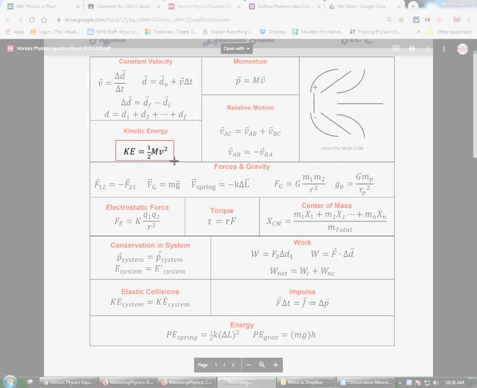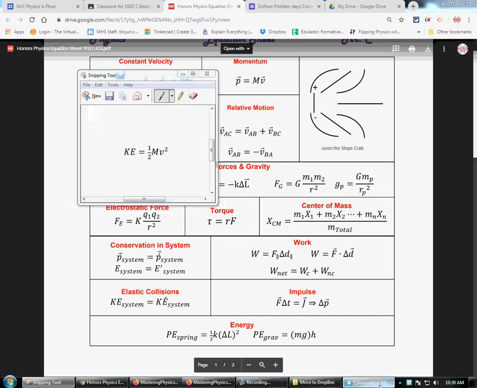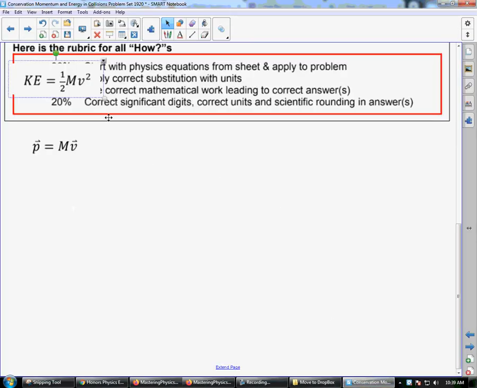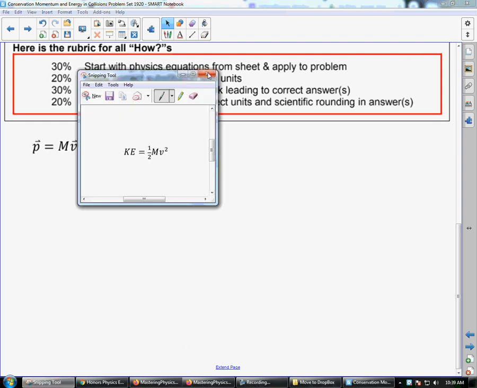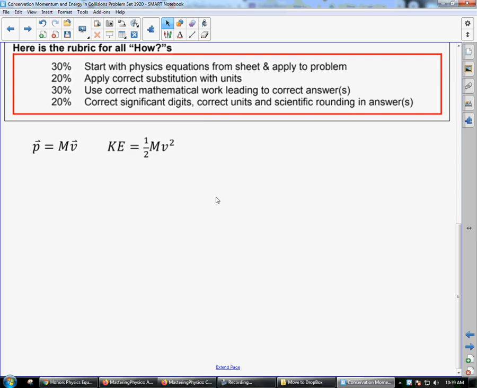We need our kinetic energy one. So I grabbed valid equations from my equation sheet. And now I'm going to use those two facts that I know about elastic collisions. I'm going to use that the momentum is conserved, and then use the kinetic energy being conserved and see where I get to.